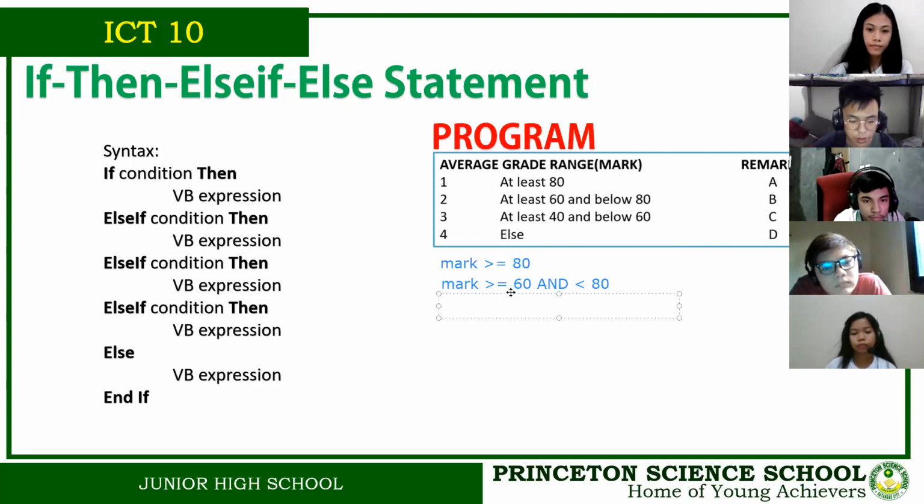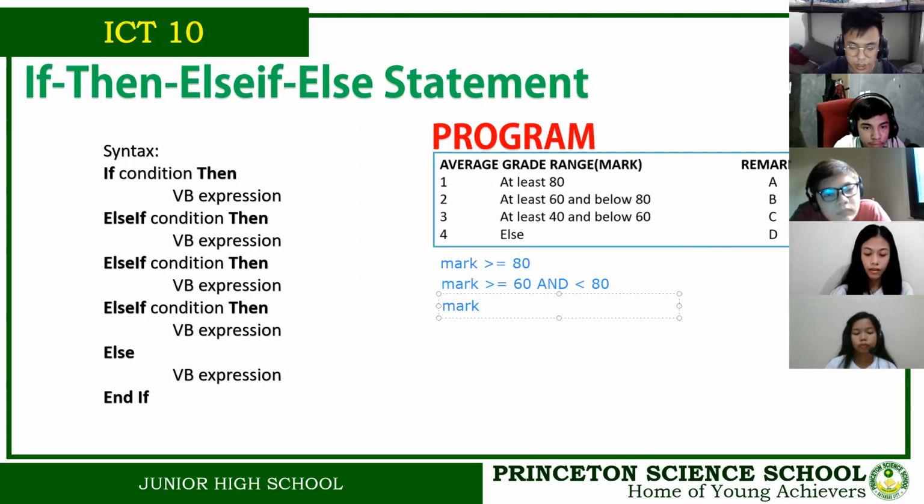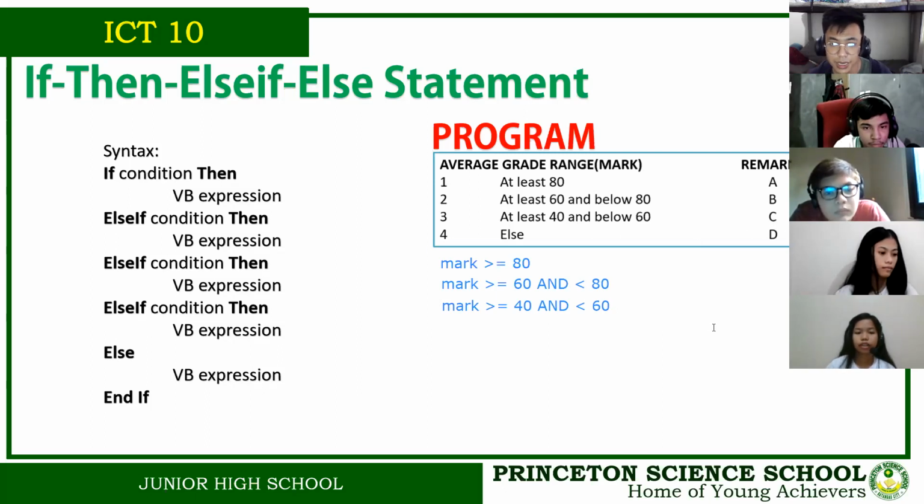The answer is going to be C. And then for the else, we're just going to leave it as else, because that is the last option already. So the last option is going to be D.